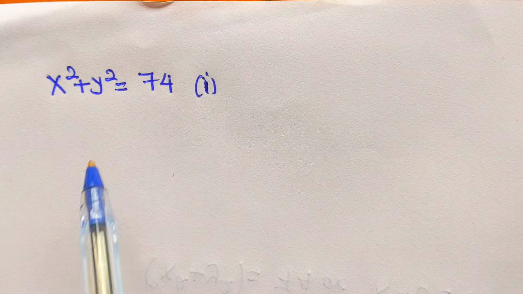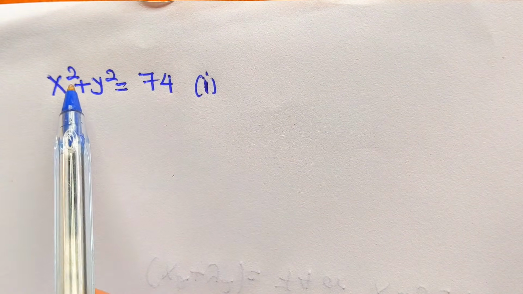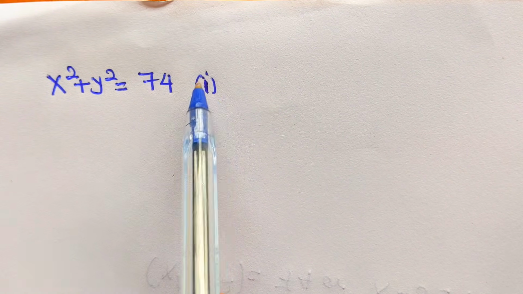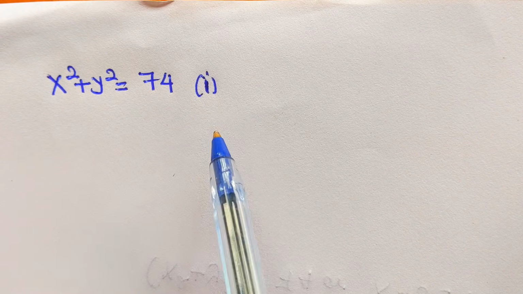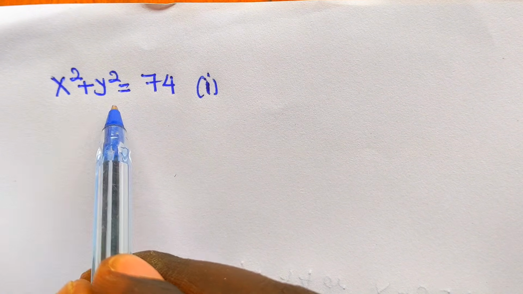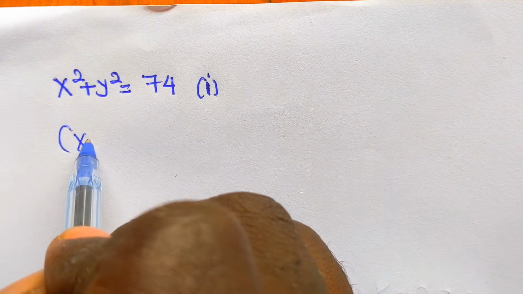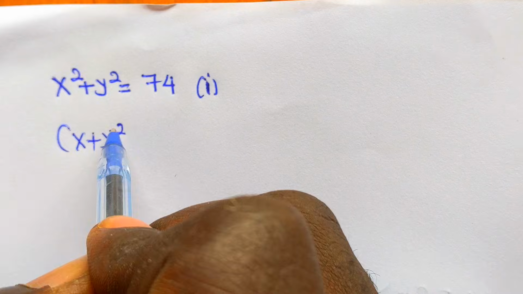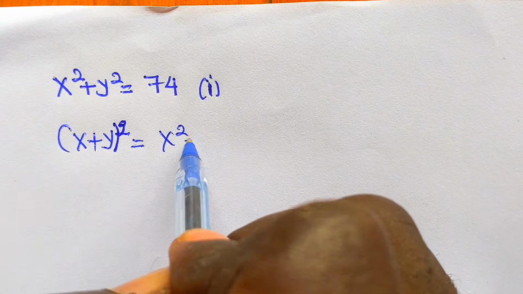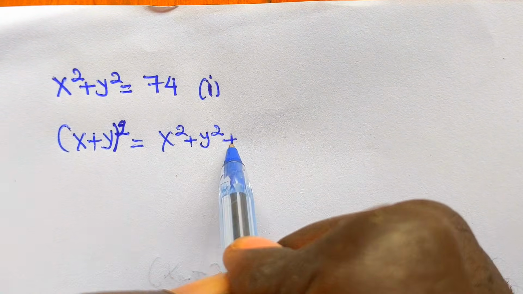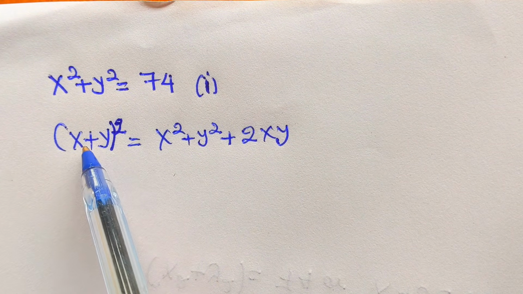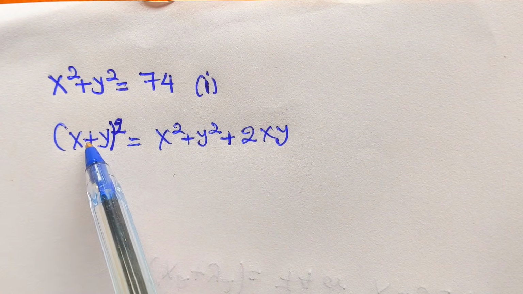Now, coming to x squared plus y squared equals 74 as equation 1, which we are going to solve right now. In order to get x squared plus y squared, we use x plus y squared, which is equal to x squared plus y squared plus 2xy. We use this because we want to find only the single x plus y.